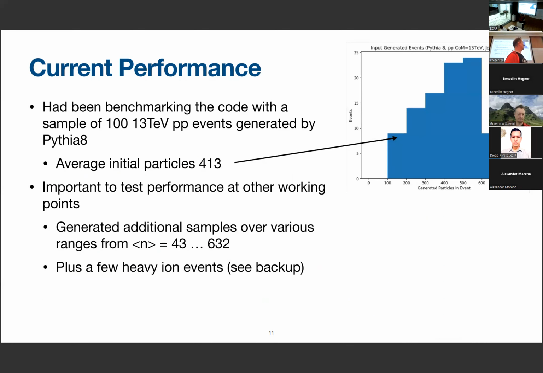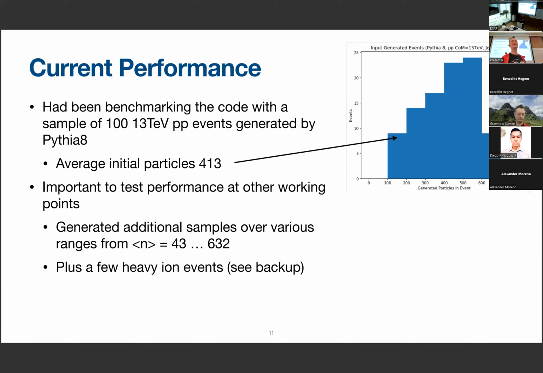Okay, so what's the current performance? Benchmarking on the same set of events that we used at HEP, that's 413 is the average particle density. So we dug out Pythia 8 and we generated lots of other sets of events. These range from E plus E minus at the Z pole all the way up to high intensity 30 TeV PP collisions as well, just so that we get realistic events.